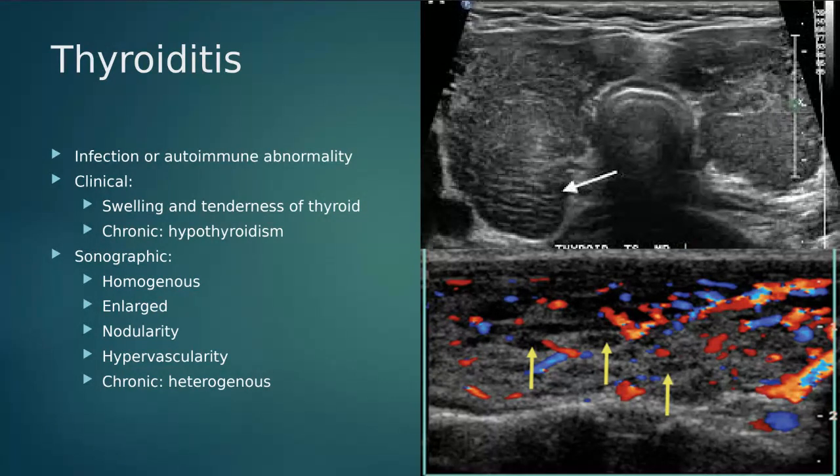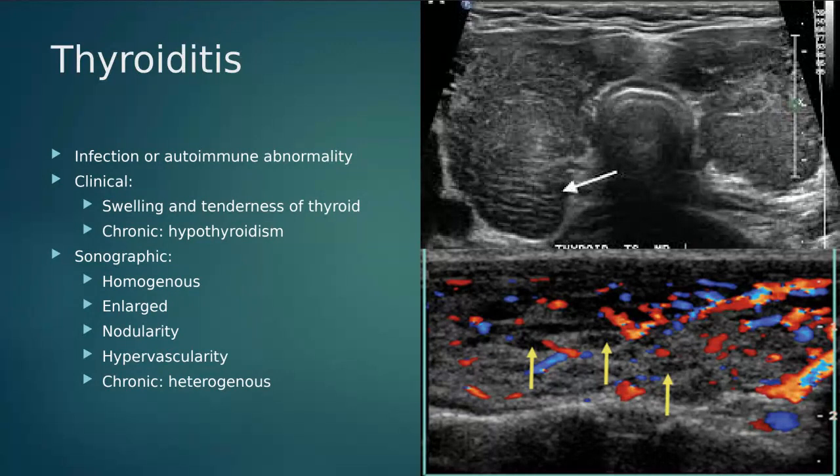Clinically, the patient is going to feel that tenderness, just like when you have any other inflamed tissue. Think if you've ever had an ingrown hair on your body somewhere, it feels tender and it swells, right? That's what's happening when you have inflamed tissue, when you have any type of itis. So with thyroiditis, we're going to see that swelling and that tenderness in terms of patient complaint.